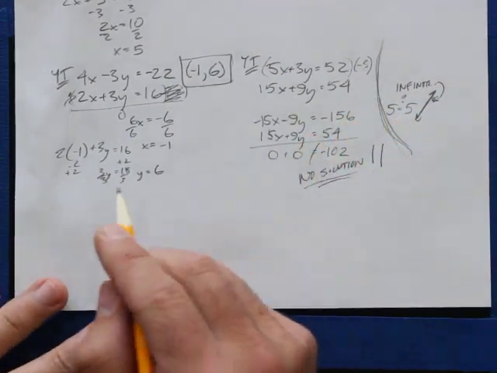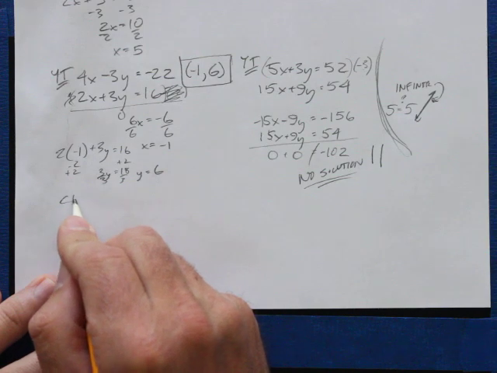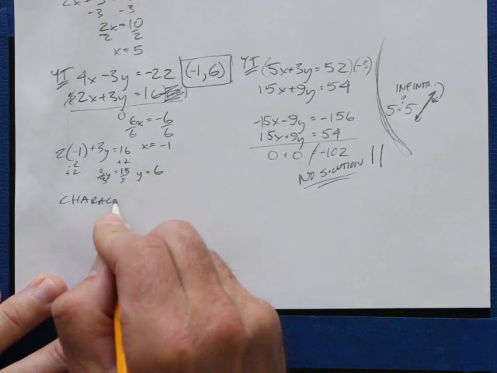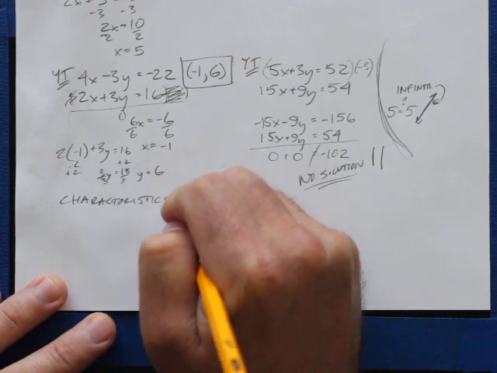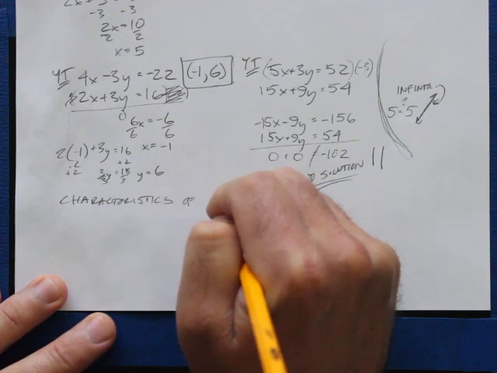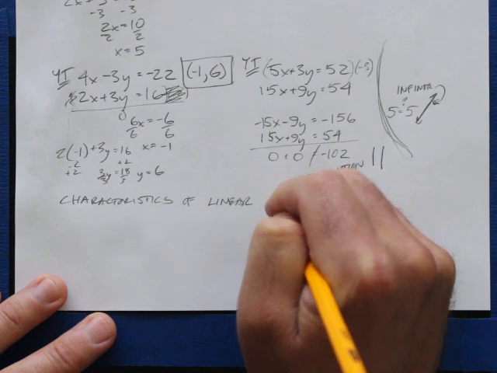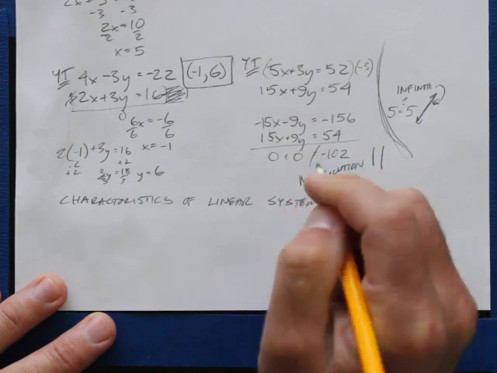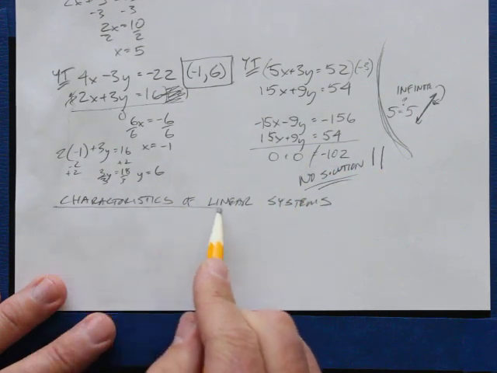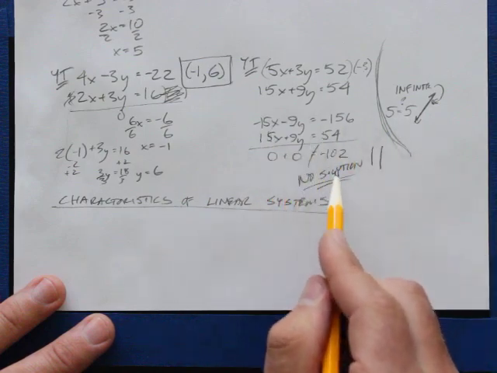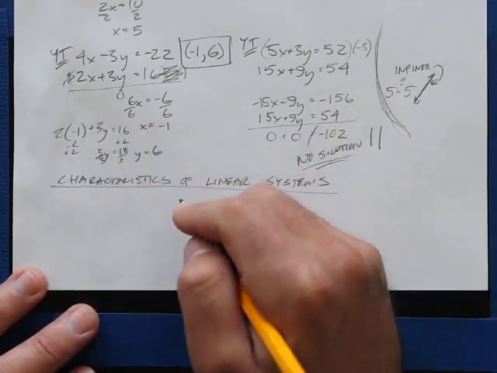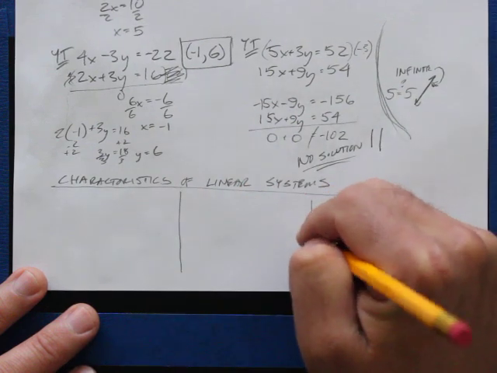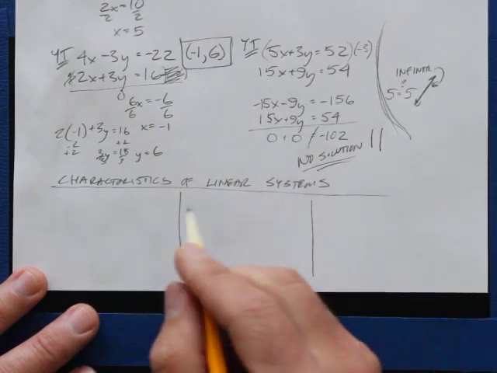Now, here's the last bit that we're going to do for this section. Characteristics of linear systems. Here's where we're going to talk about this kind of stuff happening as well as this. So we've got 3 different characteristics that we're going to talk about.